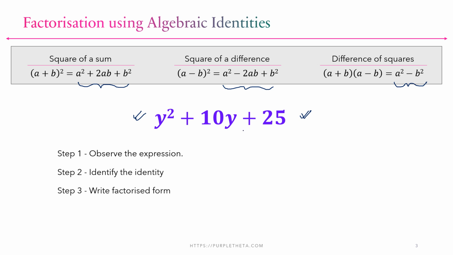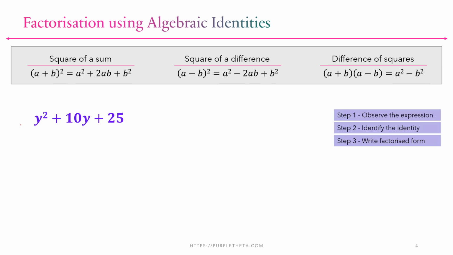Say for example, y square plus 10y plus 25 fits the square of a sum. So the factorization is going to be the left hand side of the identity, that is a plus b whole square, right? Okay, let us see this example. In this example, we are factorizing y square plus 10y plus 25.